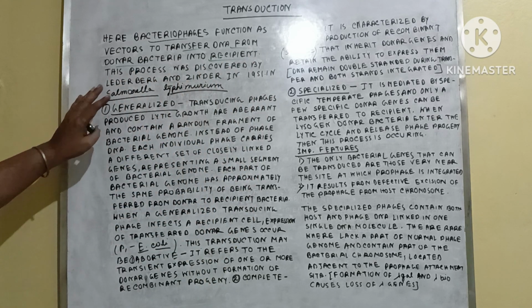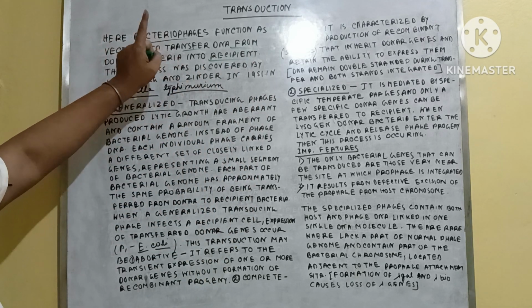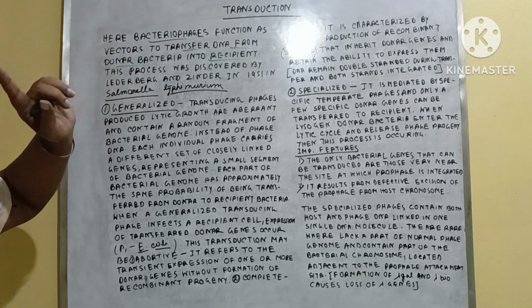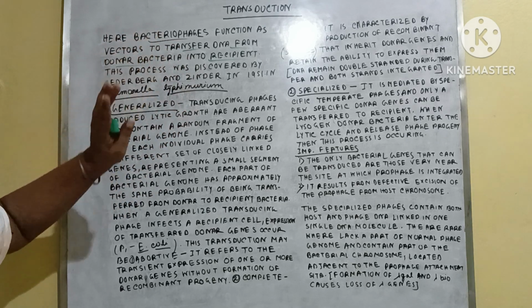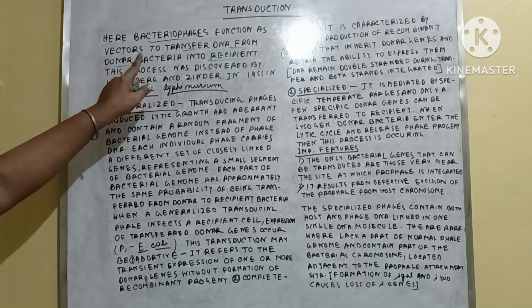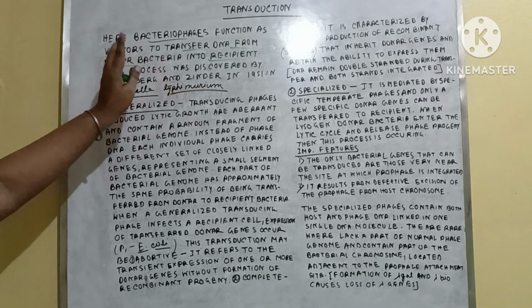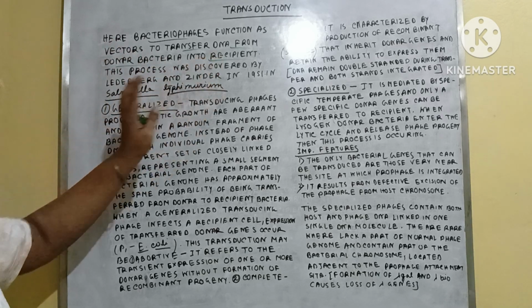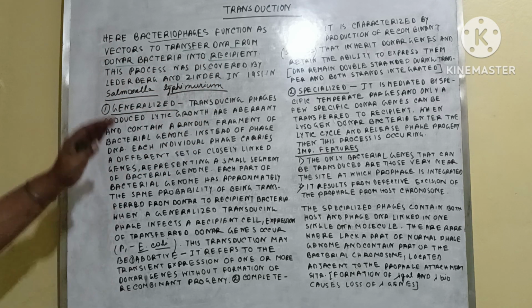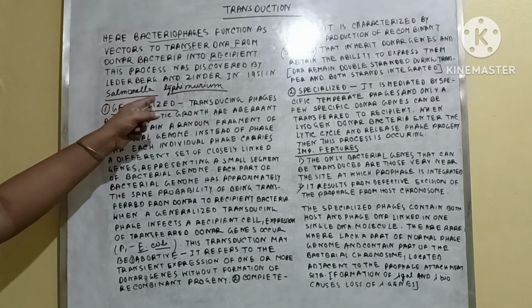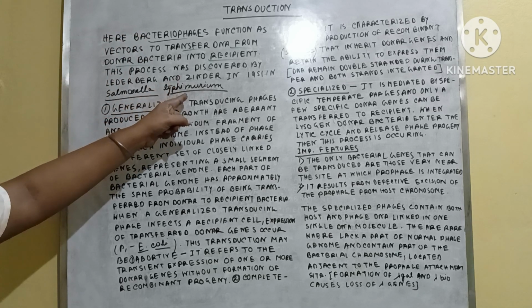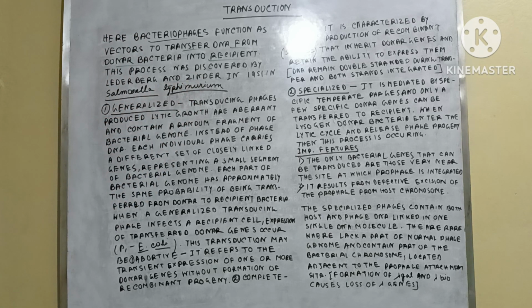Clear? So the involvement of the bacteriophage is very important. Without bacteriophage, the DNA cannot be transferred from the donor bacteria into the recipient. This process is seen in Salmonella typhimurium.